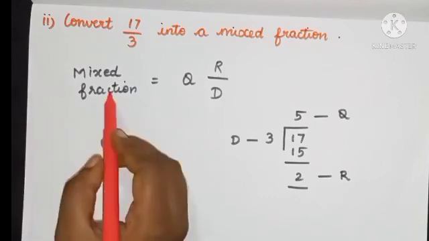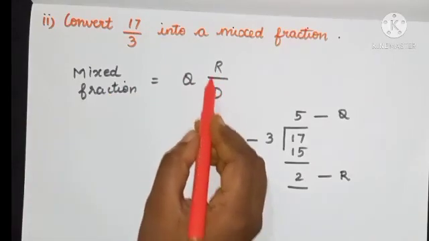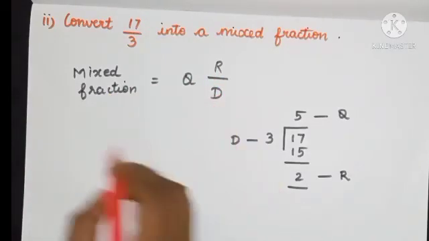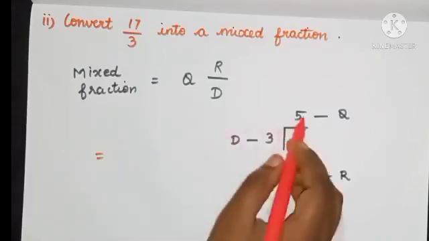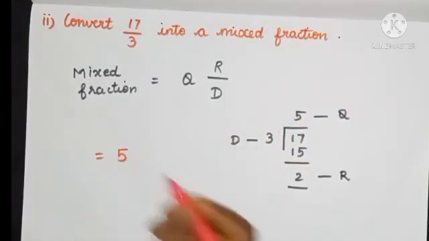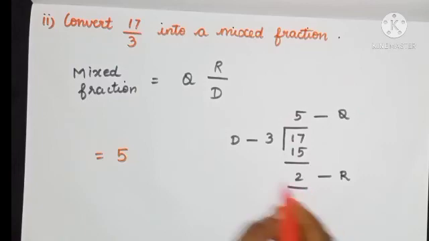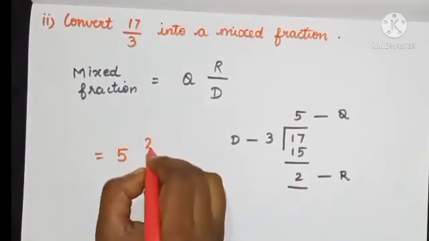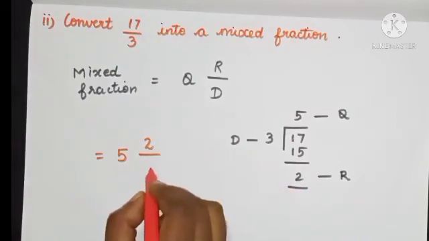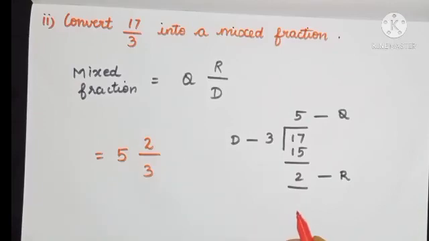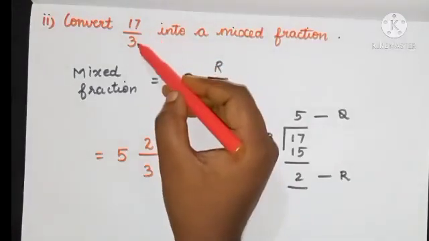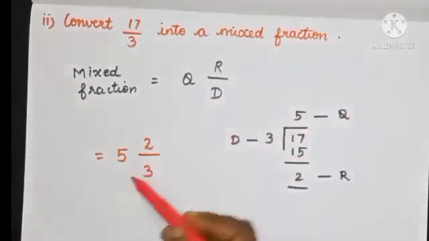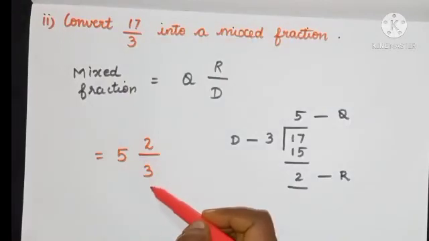Mixed fraction is in the form of quotient remainder by divisor. You have to write the quotient value in whole number place, the remainder value in numerator place and the divisor value in denominator place. So the conversion of 17 by 3 into a mixed fraction is 5 2 by 3.